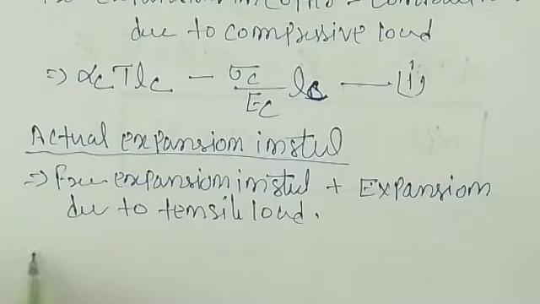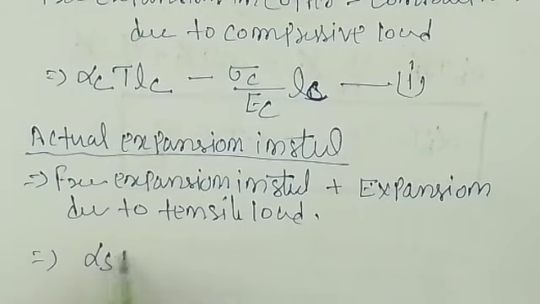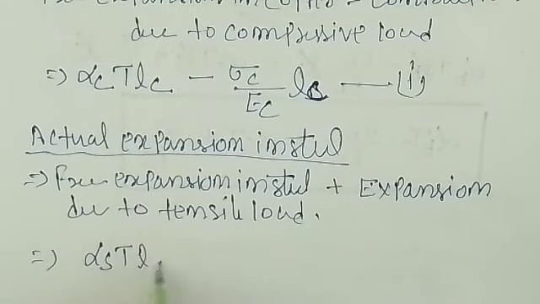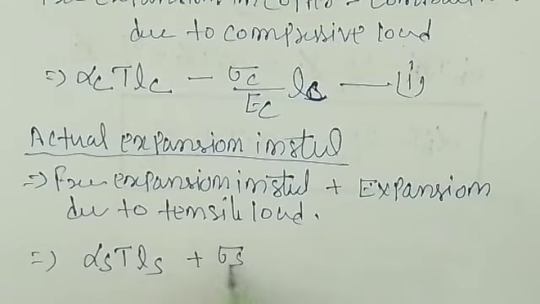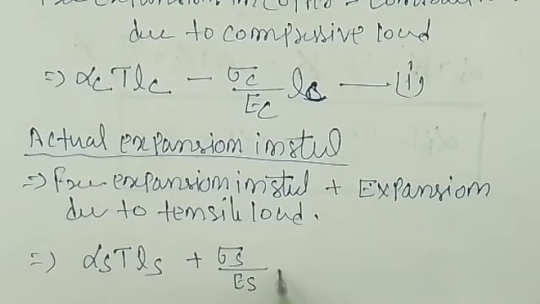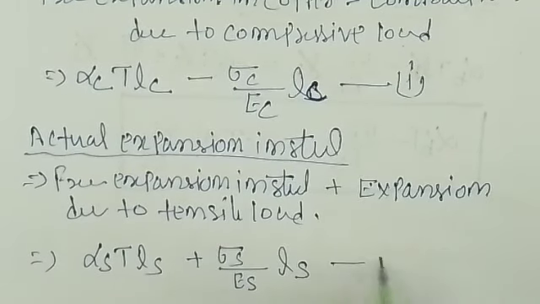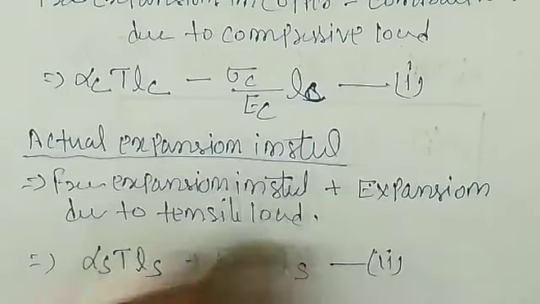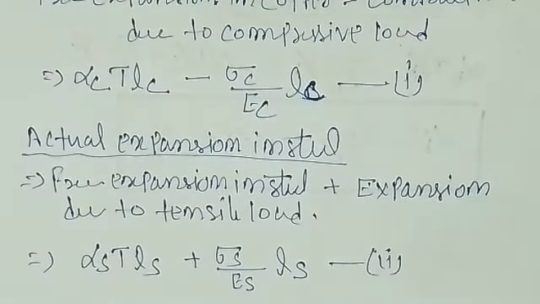So free expansion is alpha s T into Ls plus sigma s by Es into Ls. This is equation 2. Expansion due to tensile load, right? We can equate 1 and 2.